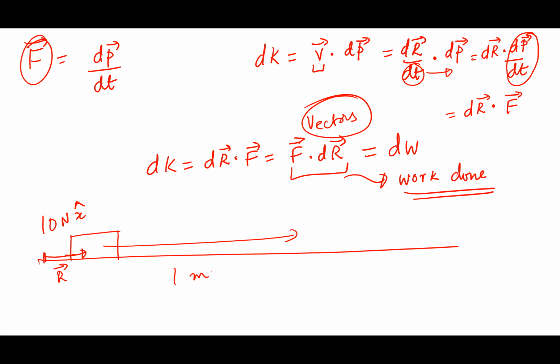Then the work done, dW, is going to be 10 x hat dotted with 1 meter x hat, which is going to be 10 newton meter x hat dotted with x hat, which is simply 10 newton meter. So you have to use these F and dr as vectors. Are you with me?